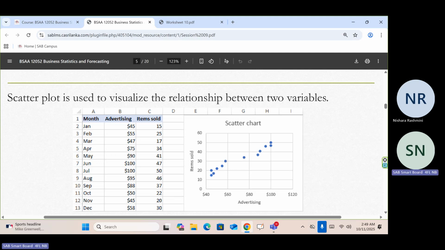We studied dependent variables under chapter number 2. Is advertising expenditure dependent or independent? Independent. Number of items sold? Dependent. Right? Number of items sold is dependent on the advertising expenditure.